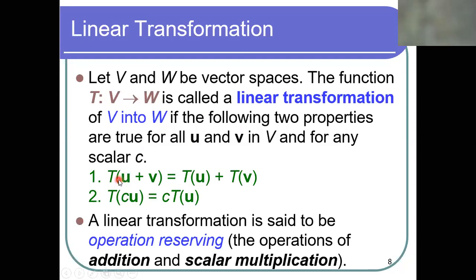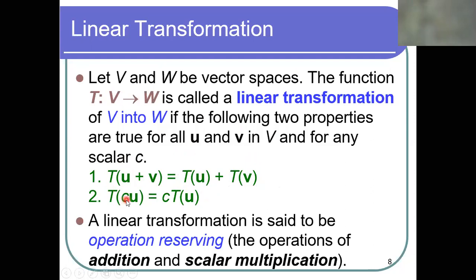I mean to say T of U plus V is equal to T of U plus T of V. It means that either you calculate the image of U under T plus the image of V under T and add them, or you first add U and V and then take T, and both must be equal.